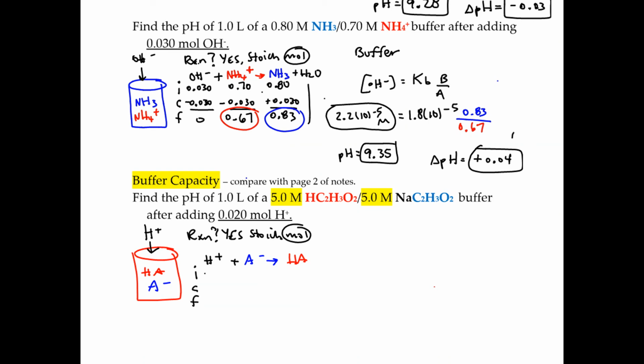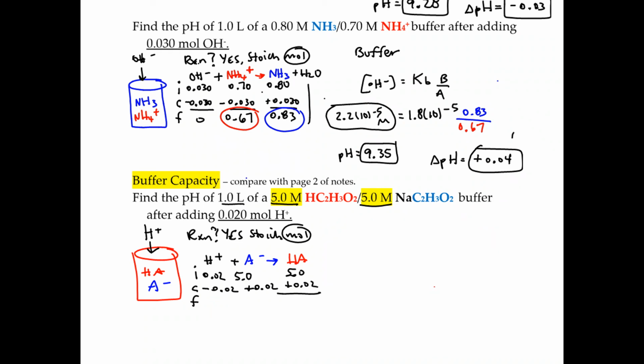and we're going to write down 0.02 here. And then the A minus and the HA are both going to be 5. Oops. They're both going to be 5 because the molarity is 5 and the volume is 1. So you do molarity equals moles over liters, and you get 5, so minus 0.02, plus 0.02, plus 0.02.